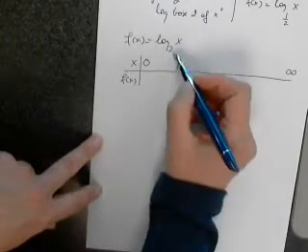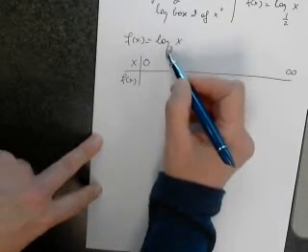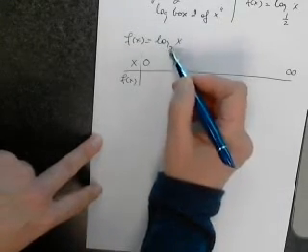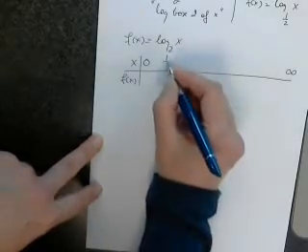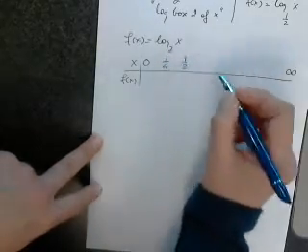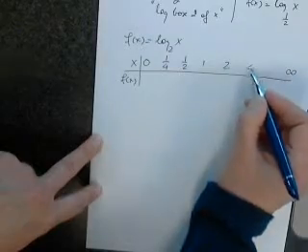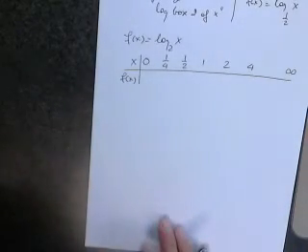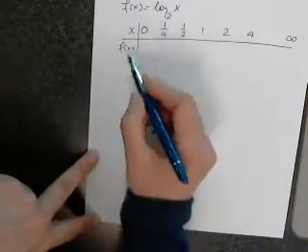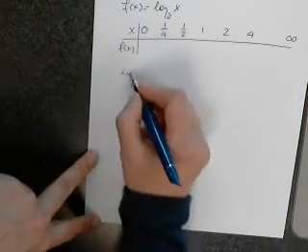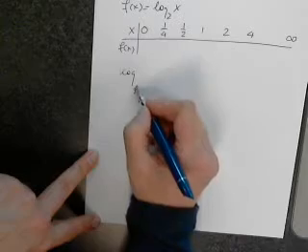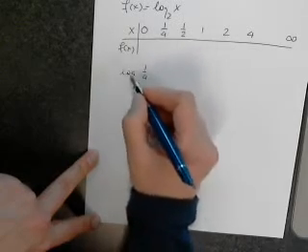I will pick numbers that are powers of 2, like 1 over 4, 1 over 2, 1, 2, 4. Okay? So first I need to determine log base 2 of 1/4.